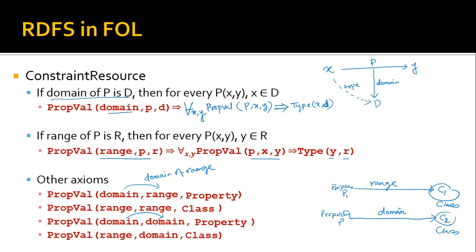So you see that we are using first order logic, simply first order logic, to represent everything that we know about RDF's vocabulary. We can assert these axiomatic triples that we know to be true in RDFS. And as you have studied first order logic, we can easily relate first order logic with RDFS.